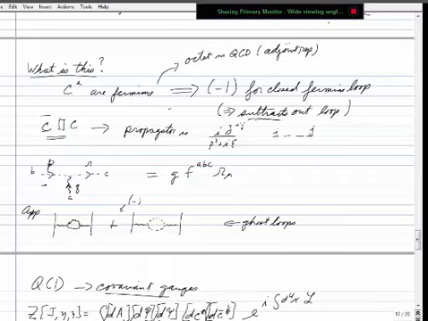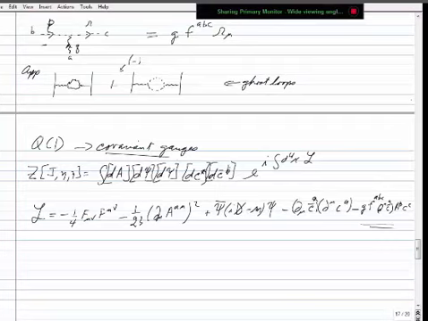The Lagrangian then is minus 1/4 F_{mu nu} squared. If I've done the covariant gauges, I have 1 over 2c (d^mu A_mu) squared.